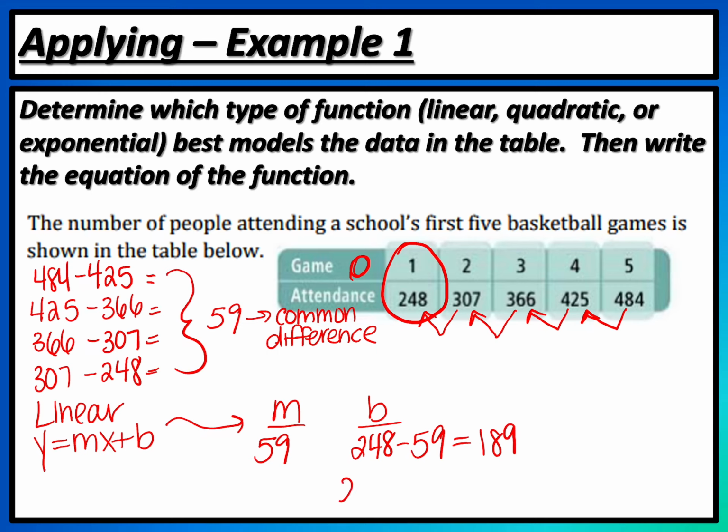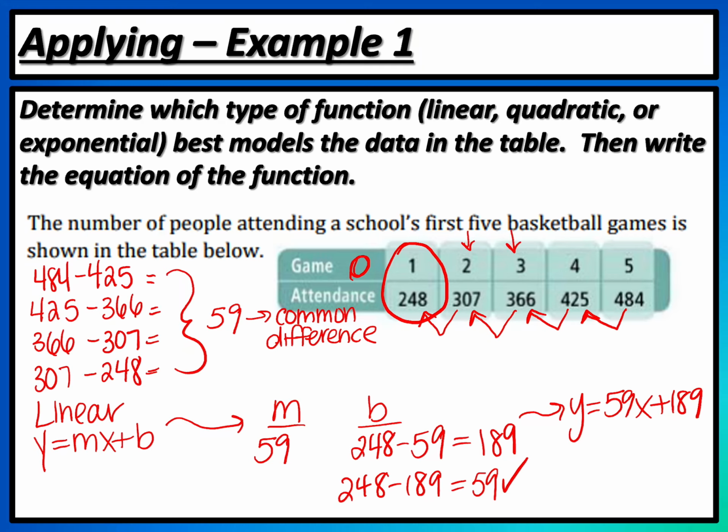Then you could test that: 248 minus 189, and make sure you get that common difference. So our final answer here is 59x plus 189. You could plug any of those ordered pairs from the table into that equation to check that it is true. That's our linear model for this table.